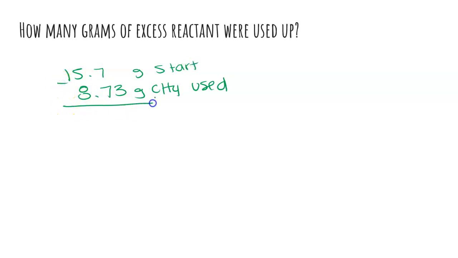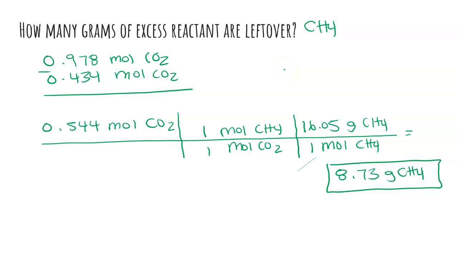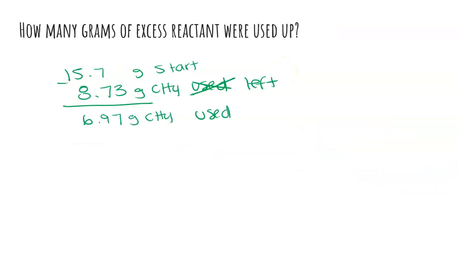And we'll just go ahead and subtract them, which is 6.97 grams of CH4. Sorry, 8.73 was how much was left over. That was what we calculated in that previous slide, leftover. So we used the starting value minus what was left over to figure out what was used up.